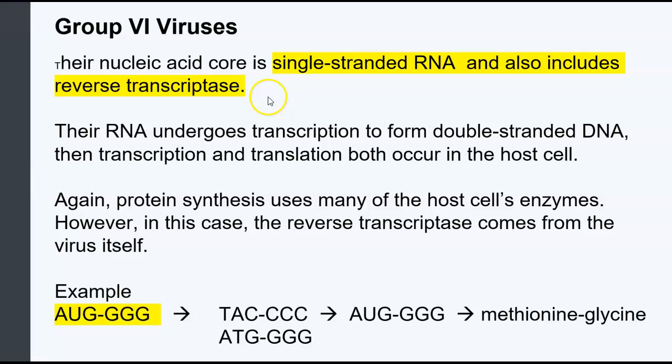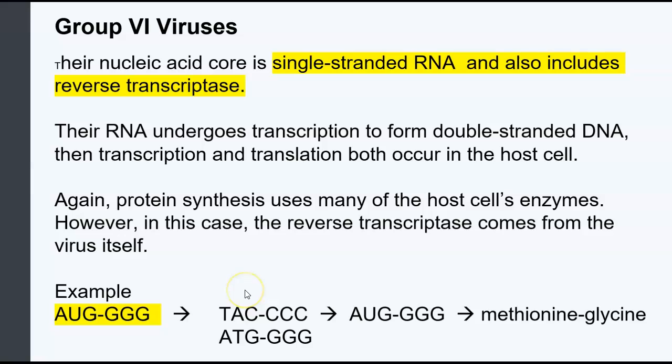In group 6, the viruses have their own enzyme reverse transcriptase and single-stranded RNA in their core, okay? So that single-stranded RNA, this is the template, copies itself into a double-stranded DNA molecule.